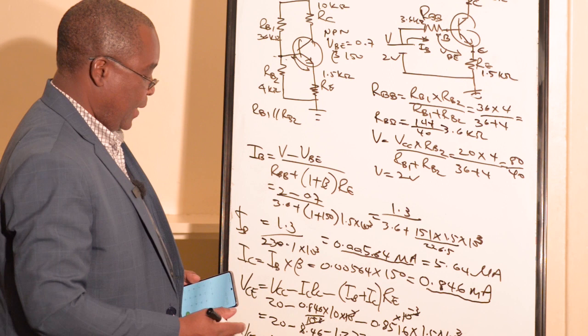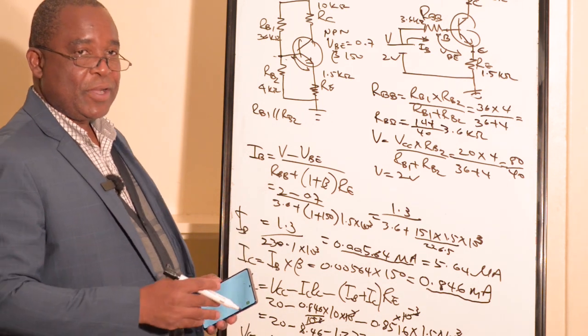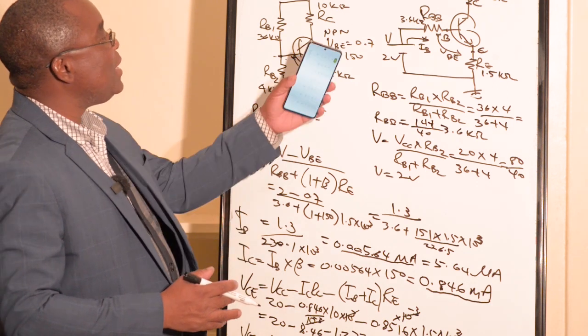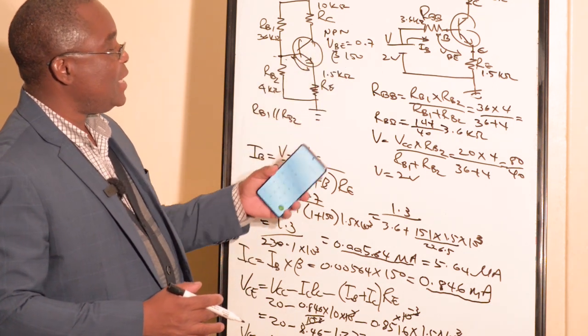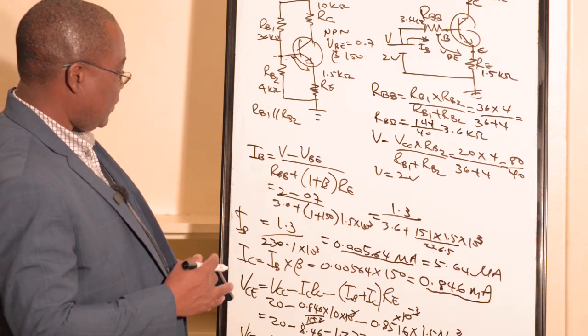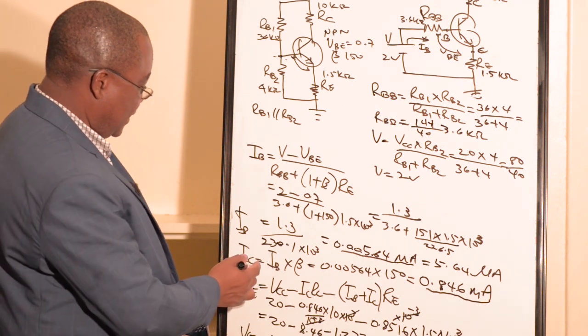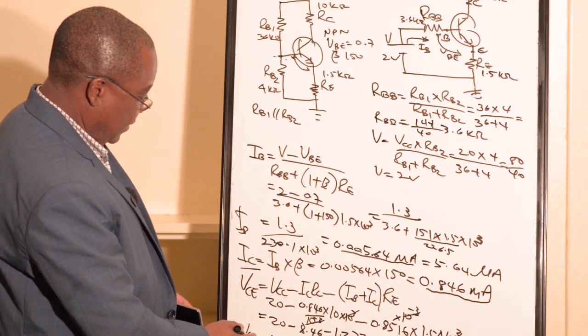So I will keep my values because at the end we are going to compare when beta is 150 and when beta is 100 and when beta is 70. The important values to keep are IC and the VCE.